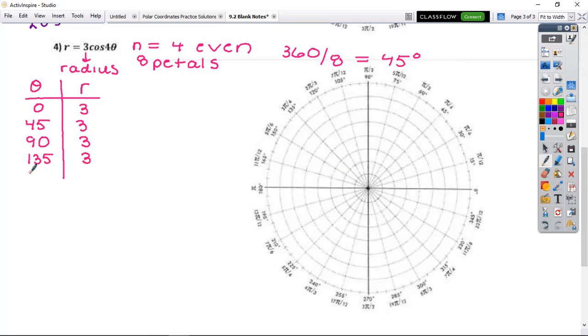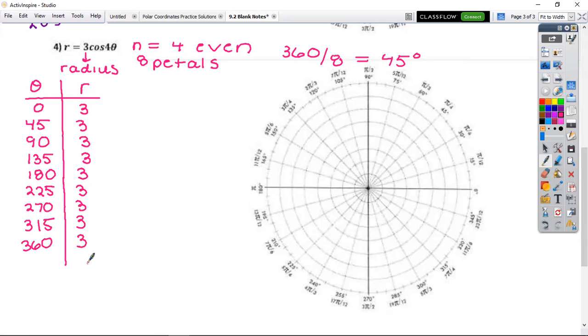Followed by 180 and 3. Followed by a couple more of these. Try to give you enough space for your charts. 225 and 3. And then 270 and 3. And then I did 315 and I did 360.